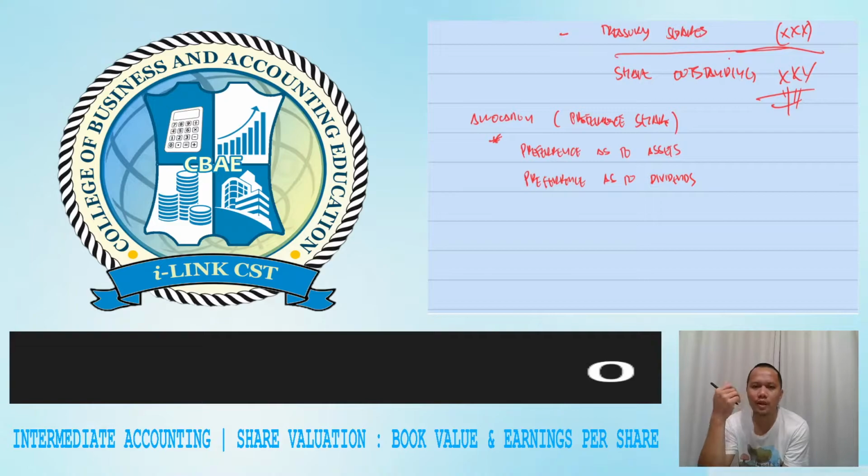Yung stockholders equity accounts aside from the par should be deducted by the total dividends, which means the current and in arrears if there are any. The rest papunta na sa ordinary shareholders. Okay? So that is preference to asset. Now later on we will have examples illustrating that particular transaction.